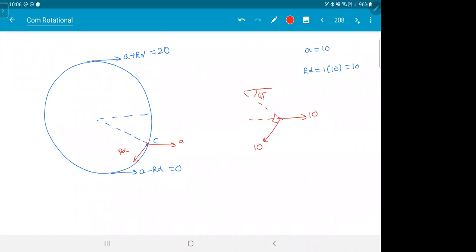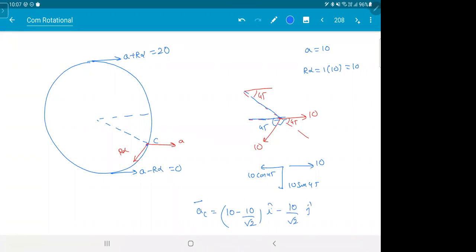So this was 45, 45, and this was 90. So you have 10 cos 45 and 10 sin 45. So the acceleration at C would be 10 minus 10 by root 2 i cap, minus 10 by root 2 j cap. Check it out. You can leave it like that.